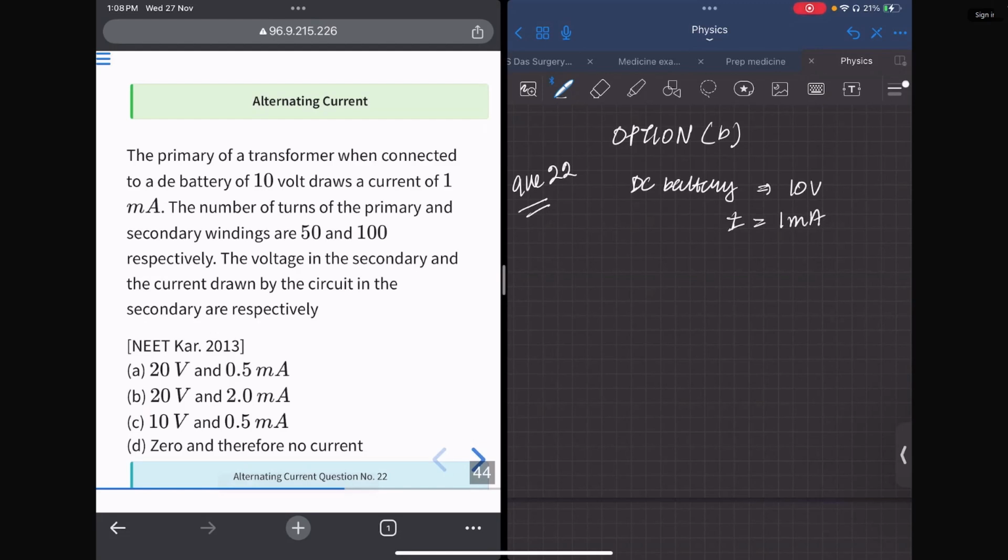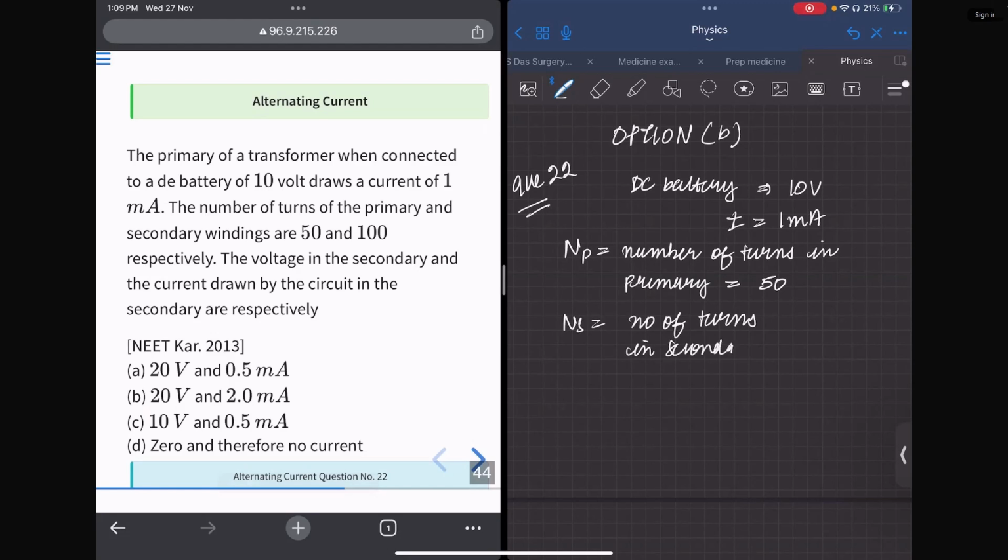The number of turns of primary and secondary windings are, so if we consider NP as the number of turns in primary, it is equal to 50, and NS as the number of turns in secondary, and it is actually equal to 100.